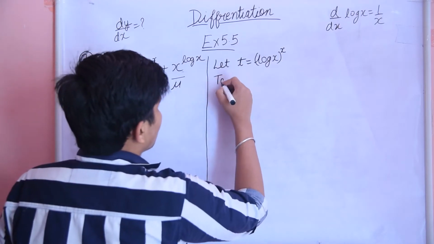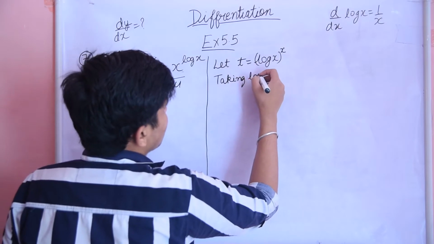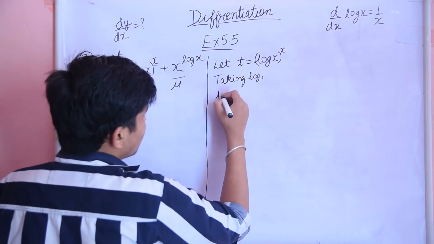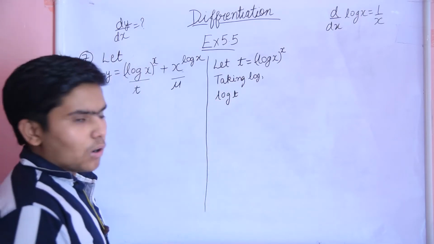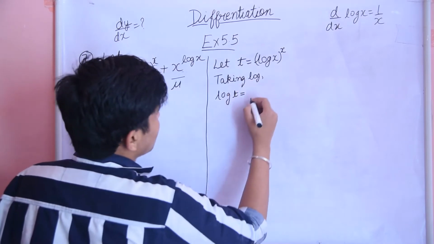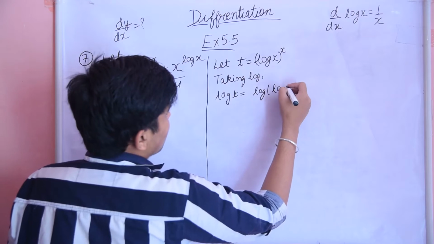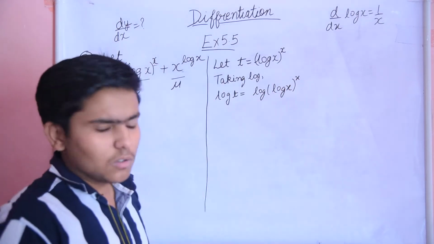So taking log on both sides, on the LHS we have log t equals log of (log x)^x.